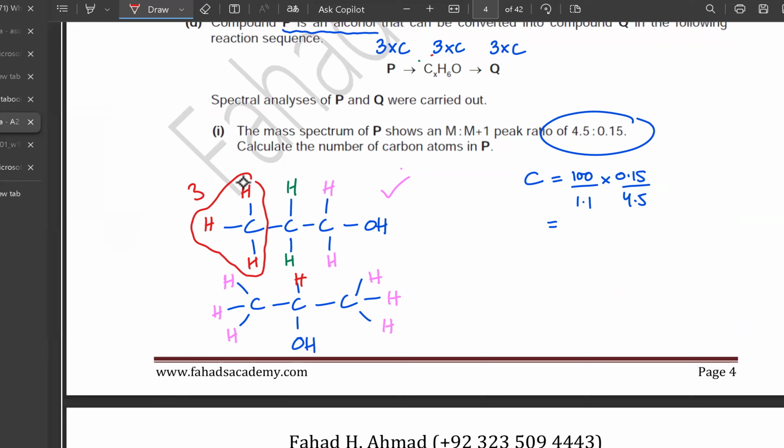And if you still want to confirm, then you can open the data booklet and match it. I told you, you don't have to do that. Most of the time you don't have to do that. So finally you found your answer. You figured out what P is.